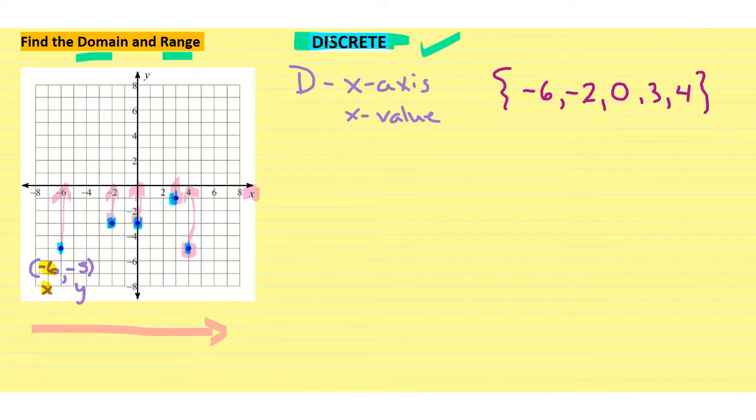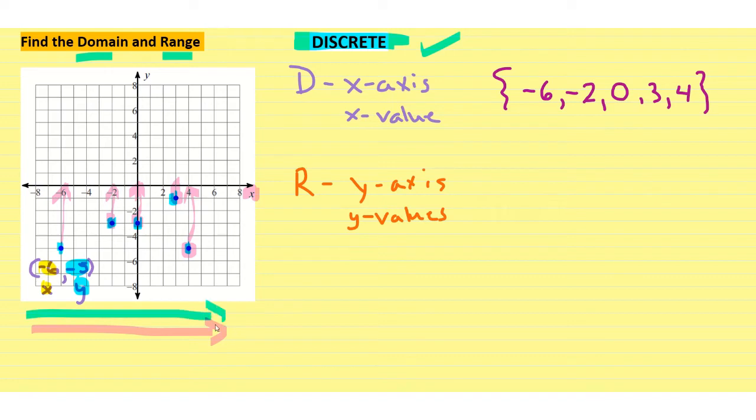Okay, so let's think about now the range. Our range values are talking about the y-axis, and the y-axis is talking about the y values. Okay, so again, going back to our very first point over here, -5 was the y value for our first point, starting at the left and going to the right.